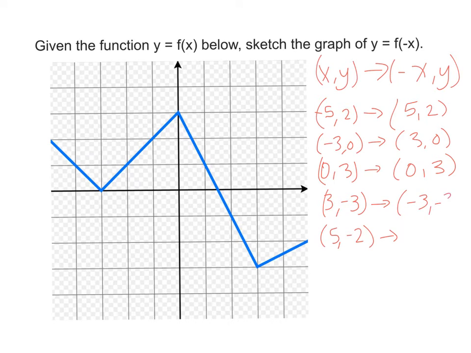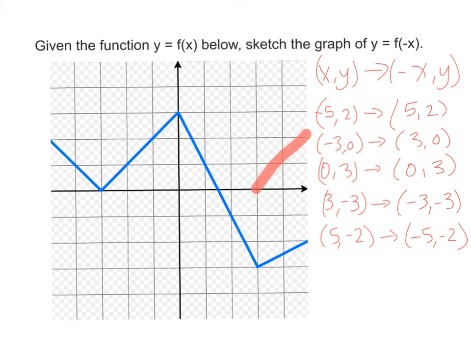Negative 3, negative 3, and negative 5, negative 2. I'll plot those points. 5, 2. 3, 0. I'm going to join those right away.